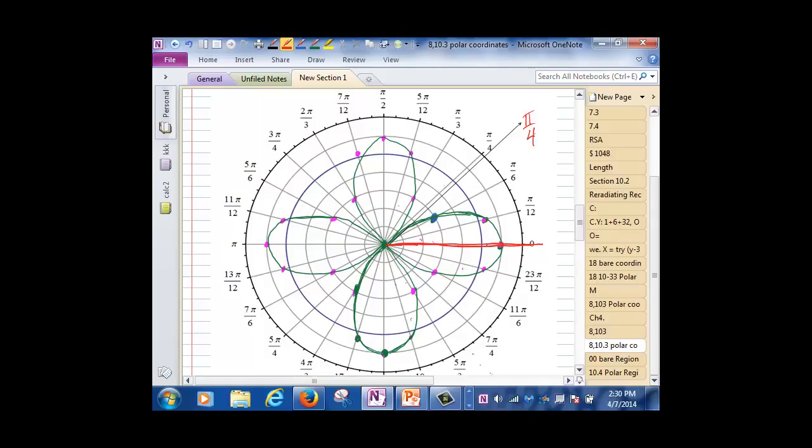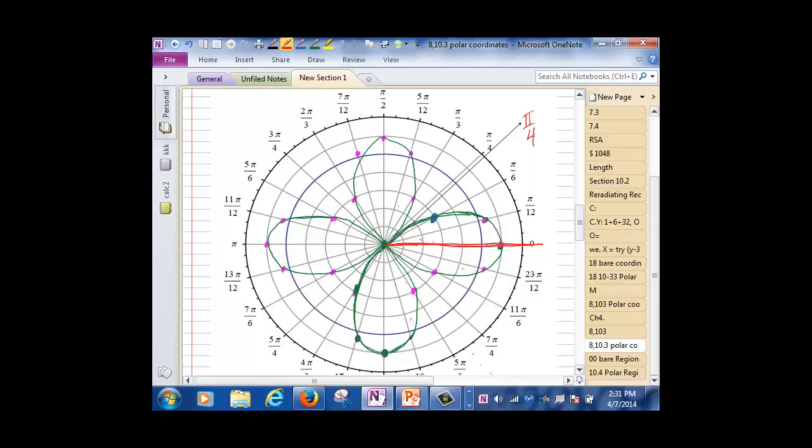Yes, I just have a random question. If you were to do this, is there a way that you could have your limits, like your alpha and beta, be 0 and 2 pi? Okay, you are going ahead of me. I was going to point that out later. The reason I didn't want to point that out is because what you just said wouldn't work for every problem. Here I'm just trying to make sure that you are sweeping out your region exactly once.